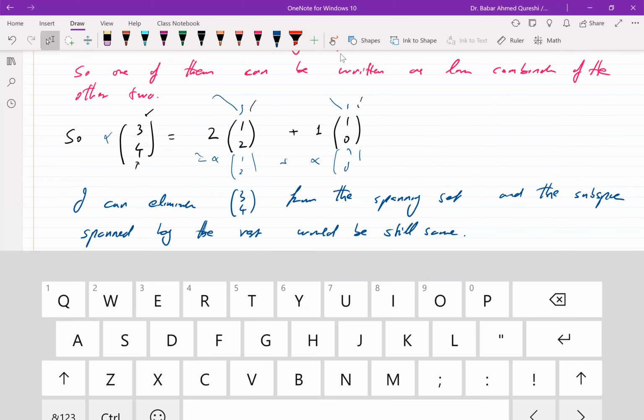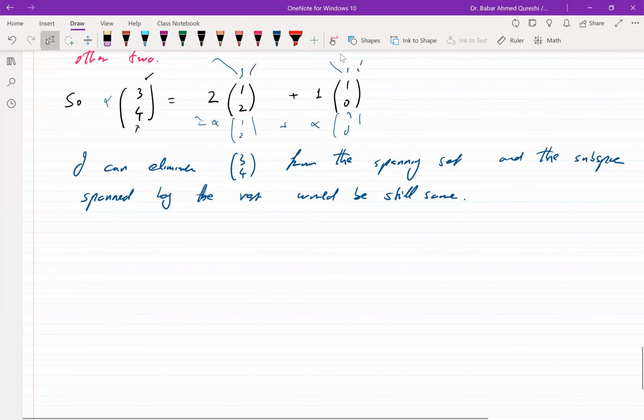So this is all what we have done many times. So I can eliminate it and just work with these two and try to span the space using the rest. But I should then again check that these are linearly independent.